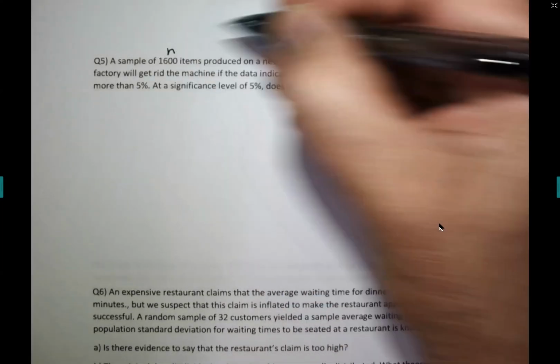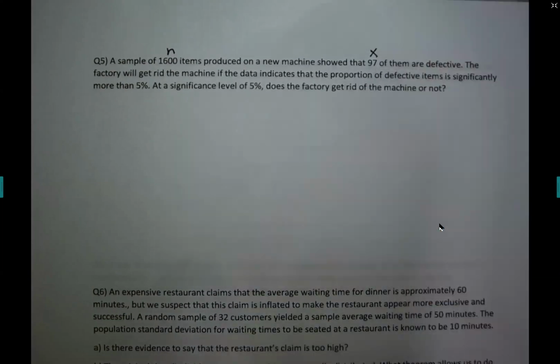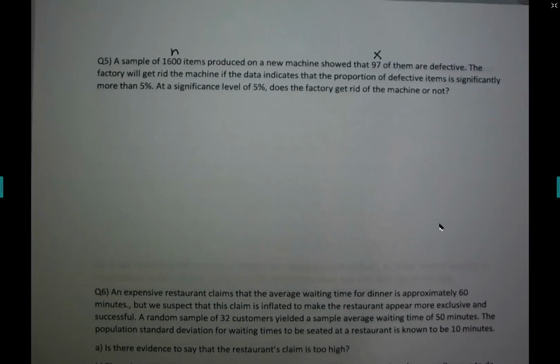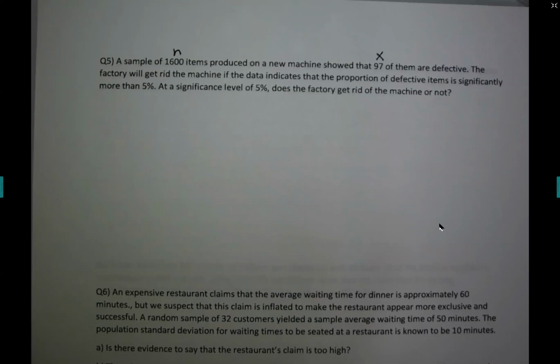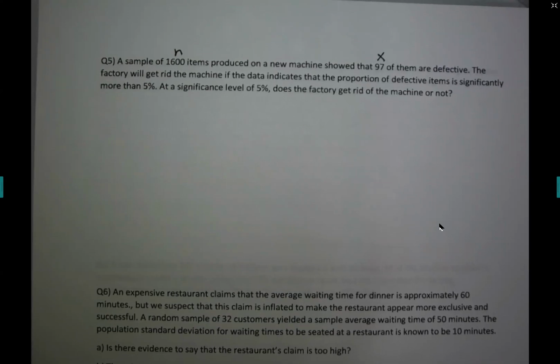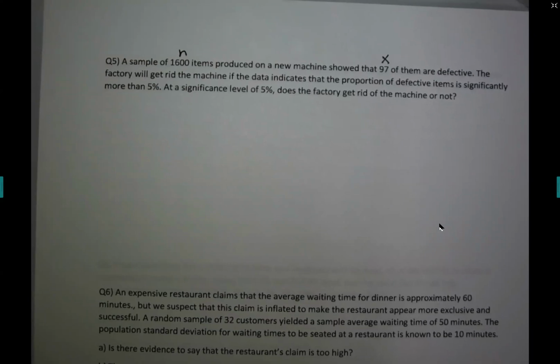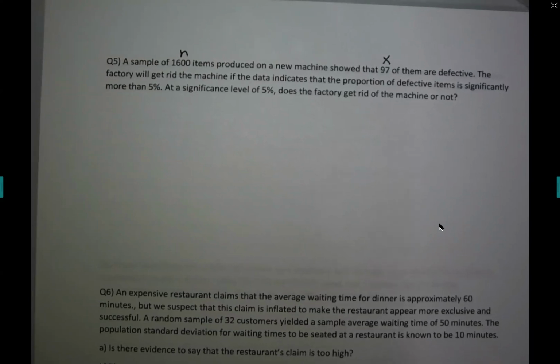So you guys agree this is n and this is x. The factory will get rid of the machine if the data indicates that the proportion of defective items is significantly more than 5%. At the significance level of 5%, does the factory get rid of the machine or not?